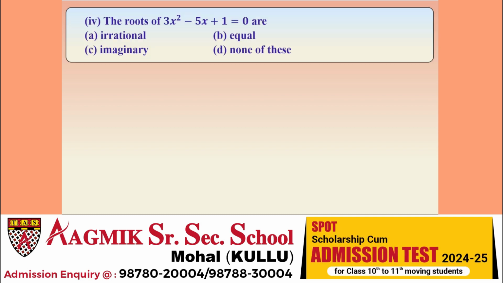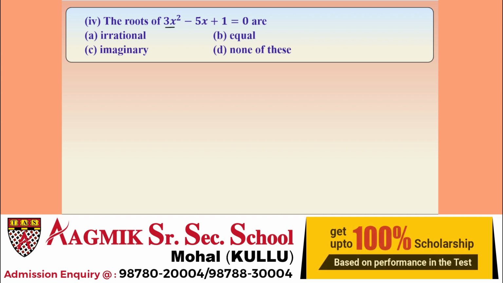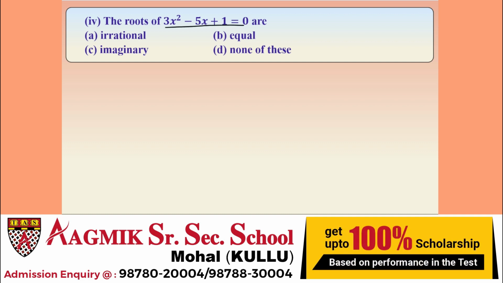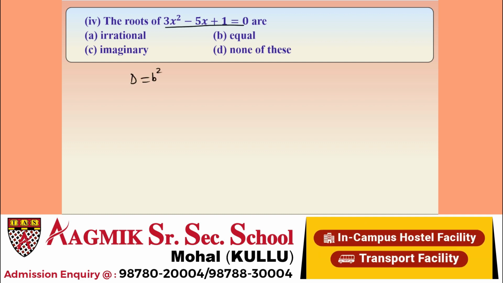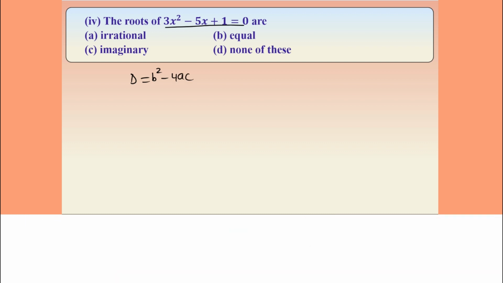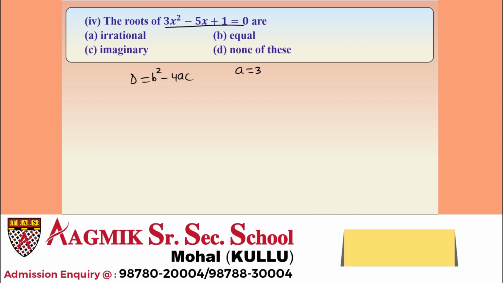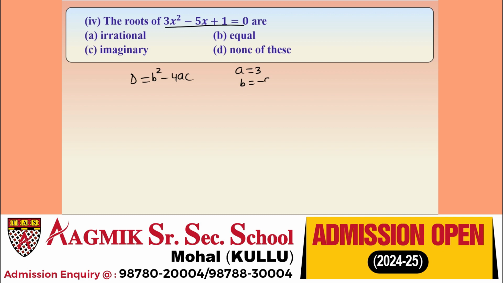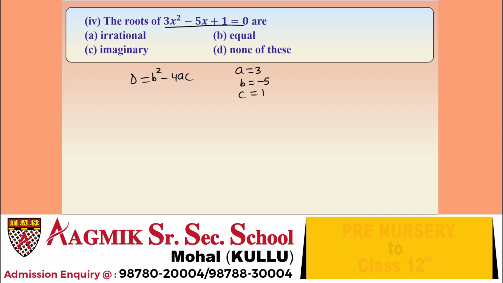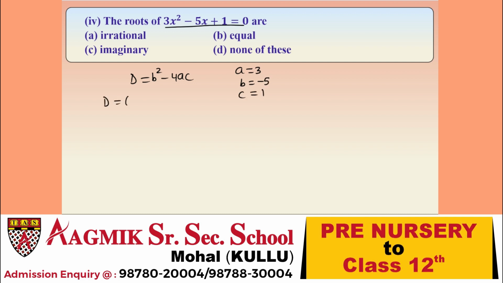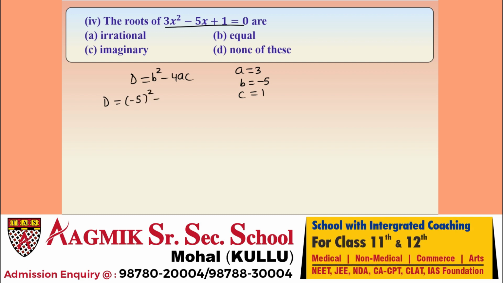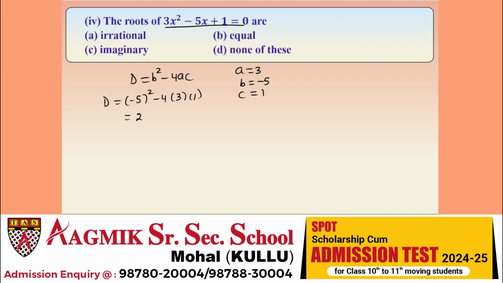Fourth is you have to tell what kind of roots does this quadratic equation have. So let us obtain the discriminant, which is b square minus 4ac. A is coefficient of x square, which is 3, b is coefficient of x minus 5 and c is the constant term. So D will be equal to minus 5 square minus 4 times 3 into 1. So this is equal to 25 minus 12, which is equal to 13.